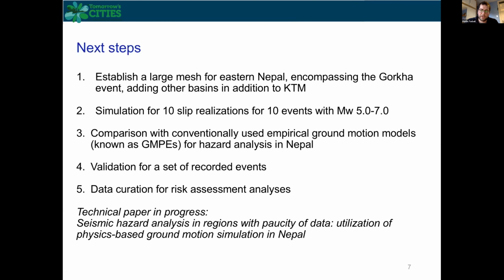So the discussion in this paper would be around what kind of tools are available, what kind of tools need to be developed in order to conduct reliable assessments of seismic hazard in regions, for example, like Nepal, that we don't have much information, as opposed to regions, for example, like New Zealand or California or Italy and so on. So that would be the focus of this technical paper.